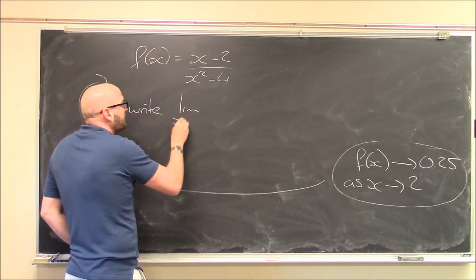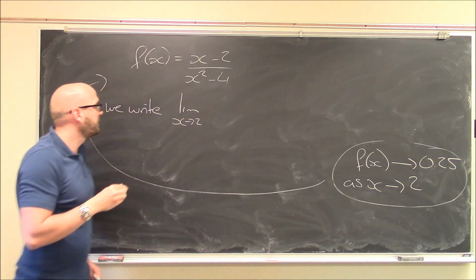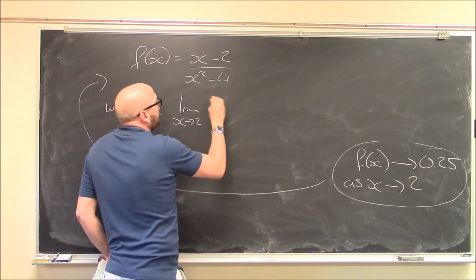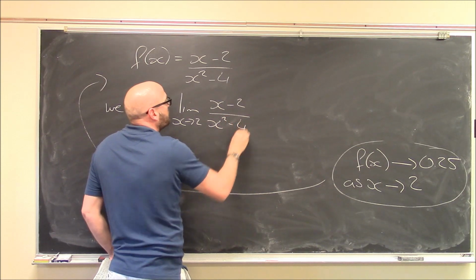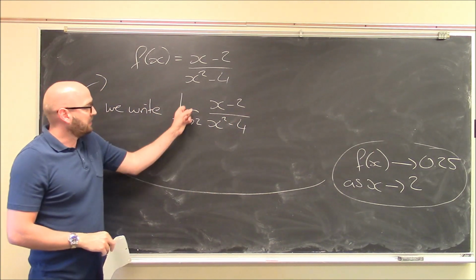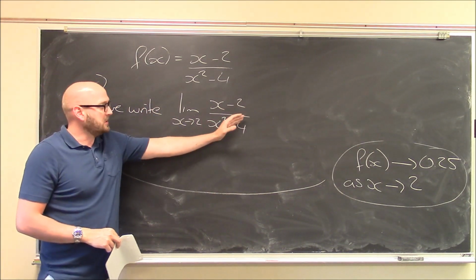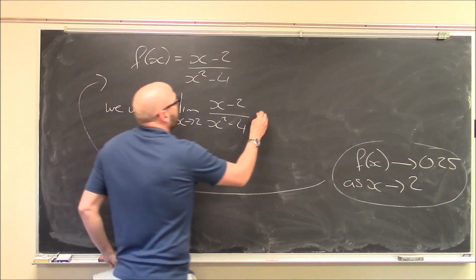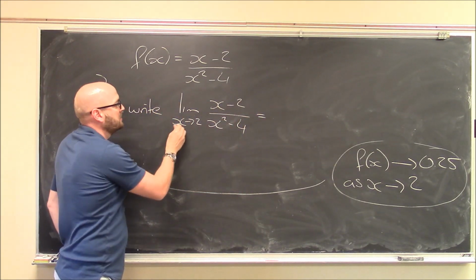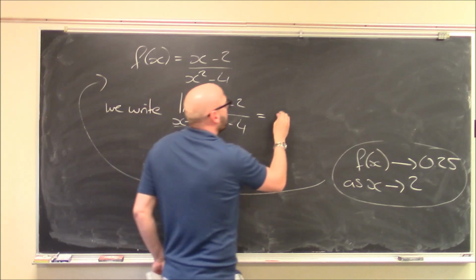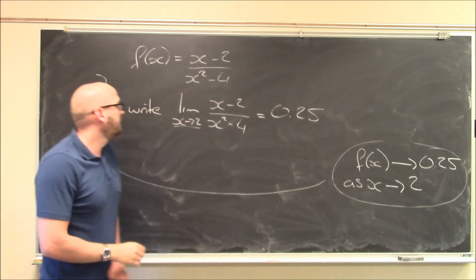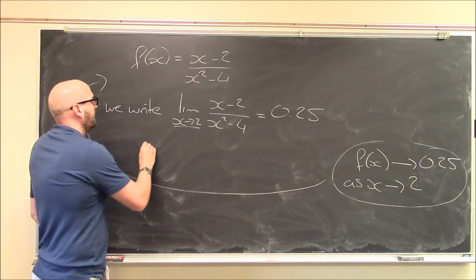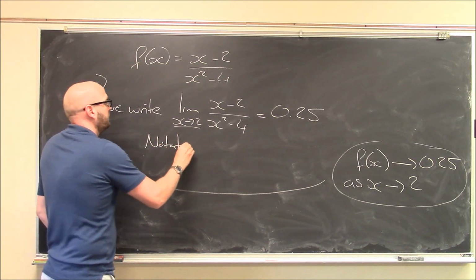You'll see the limit as x approaches 2 of x minus 2 over x squared minus 4. So this is read as the limit as x approaches 2 of this function. And it means, what value does this function approach as x approaches 2? And as we just saw, it looks to us like it's 0.25.